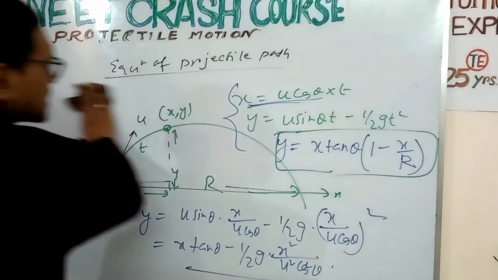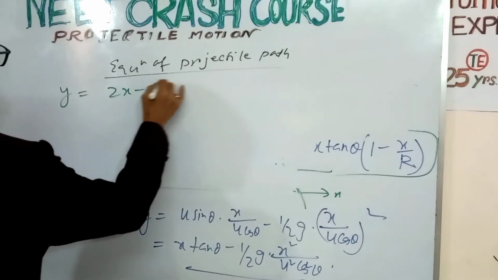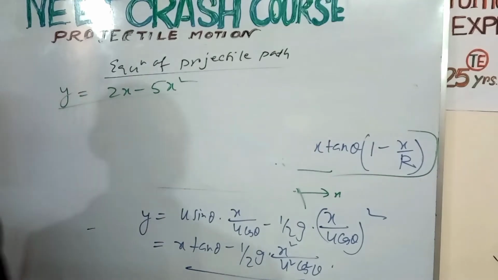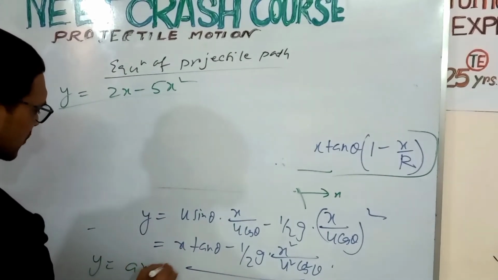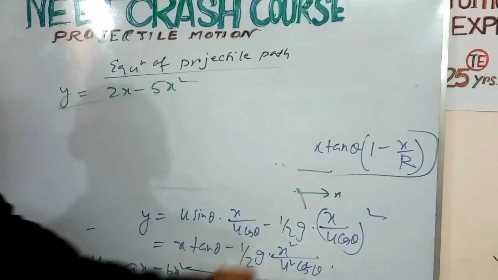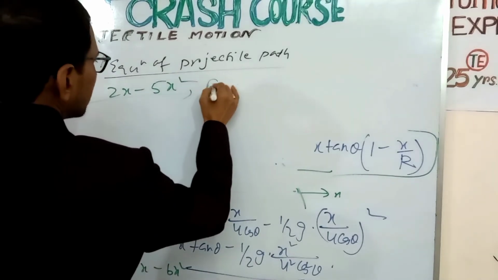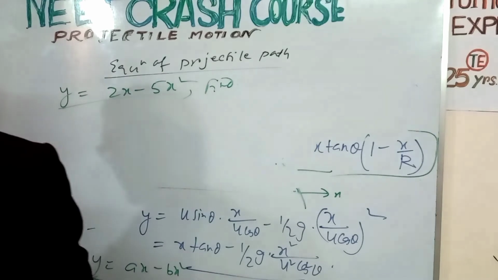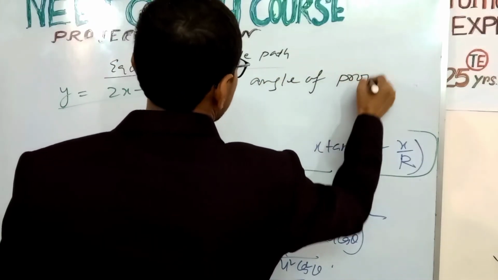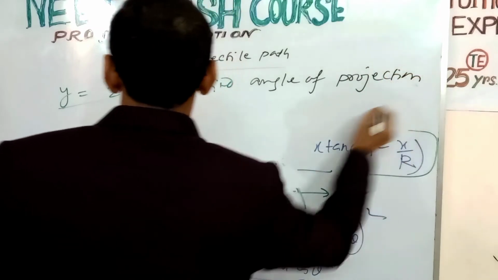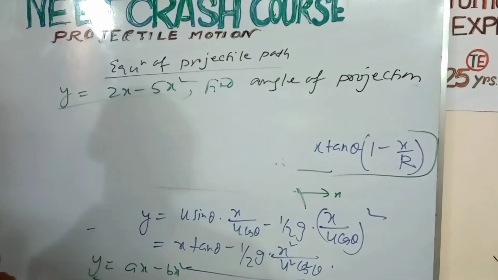So, if a projectile path is given, because this form is y equal to ax minus bx square form, find the angle of projection and time of flight.